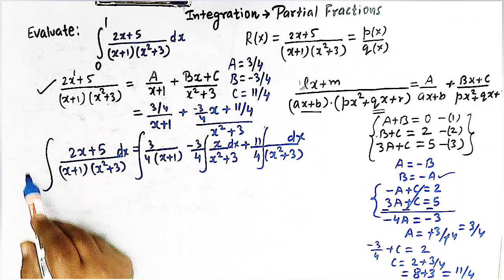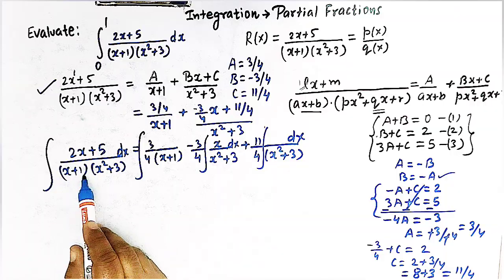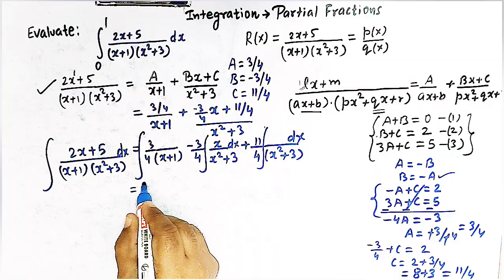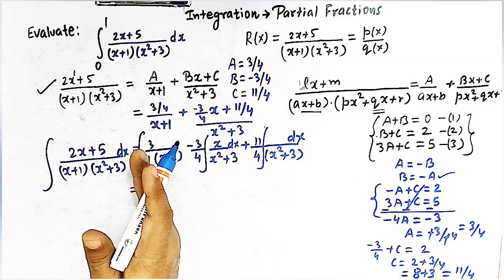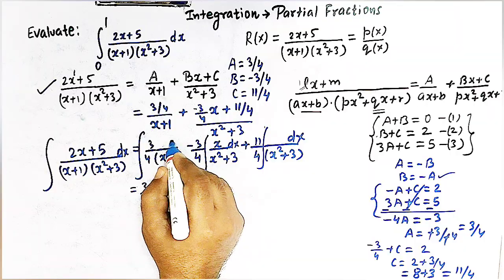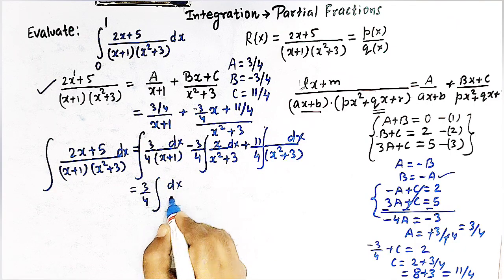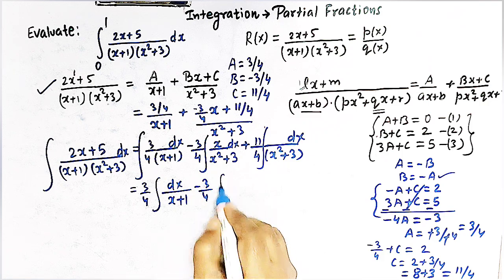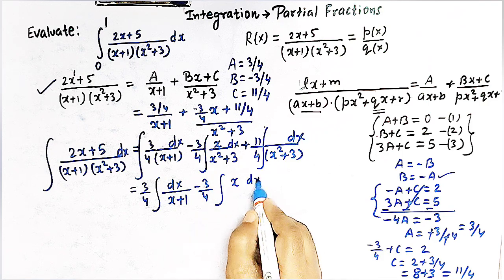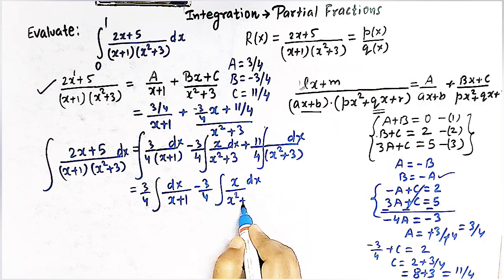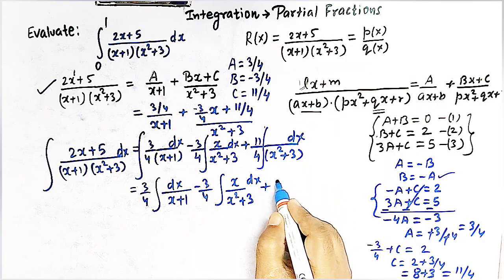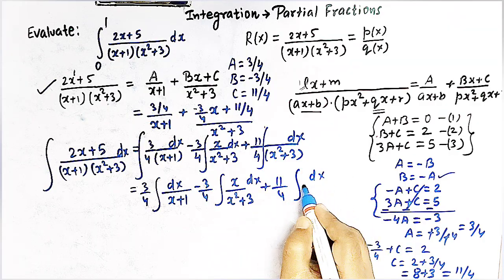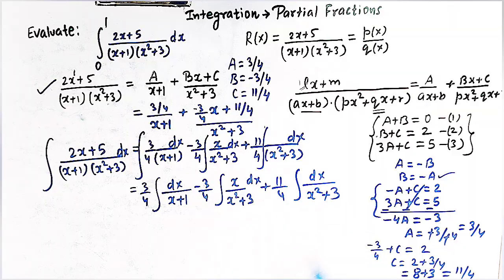So the indefinite integral of (2x plus 5) over (x plus 1)(x square plus 3) is given by 3 over 4, taking 3 over 4 outside the integral, then we have dx over x plus 1, then we have minus 3 over 4, here we have x dx over x square plus 3, and here we have 11 over 4, and here we have dx over x square plus 3.